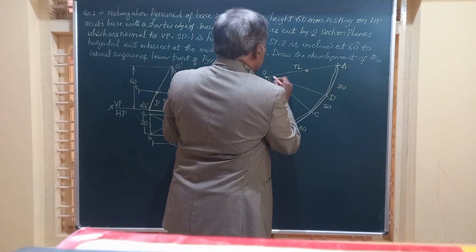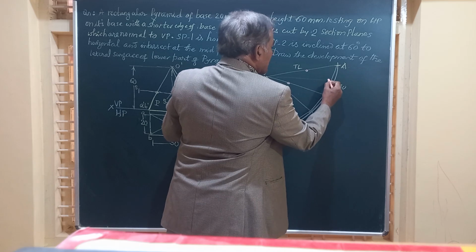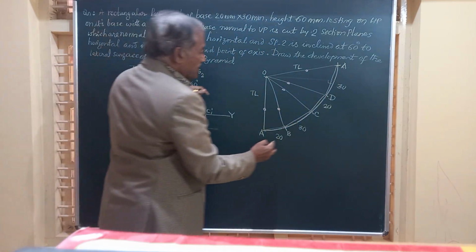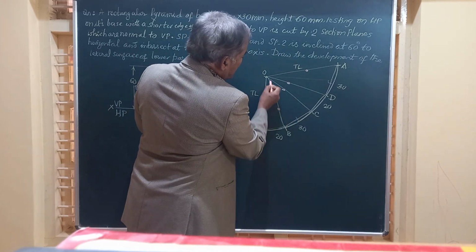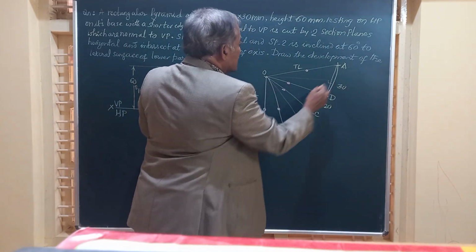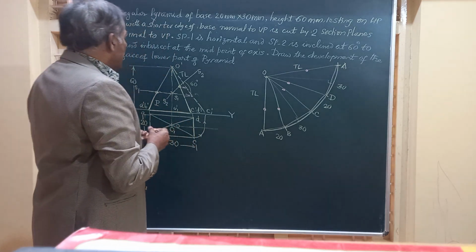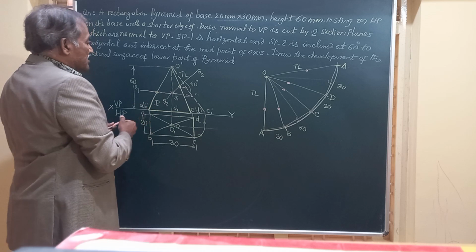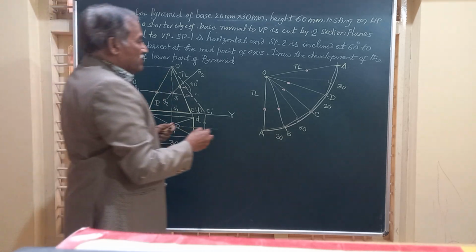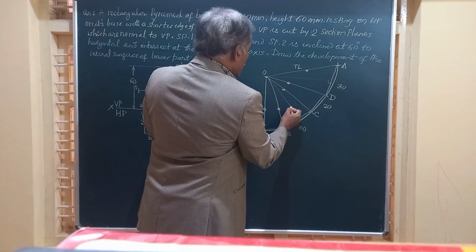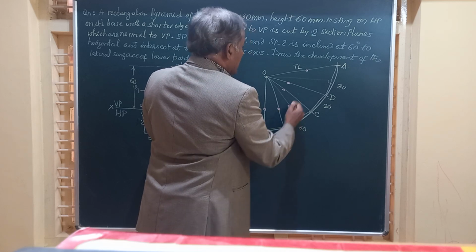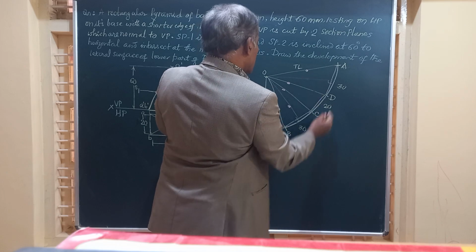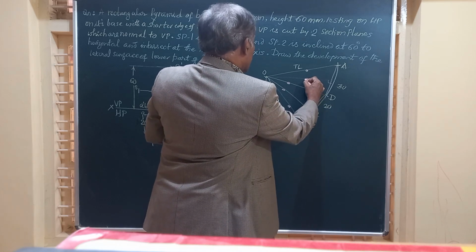AD is here, I'll draw a line at a perpendicular bisector, and then we have BC, another line here through this. On these two lines, we should take a measurement equal to this much, that is same as the distance on OA and OB. That is, this distance we take.